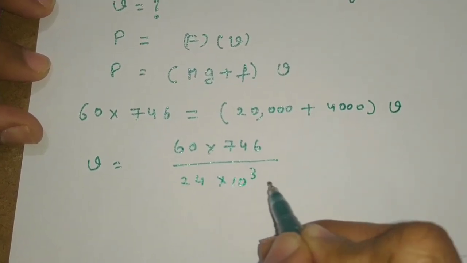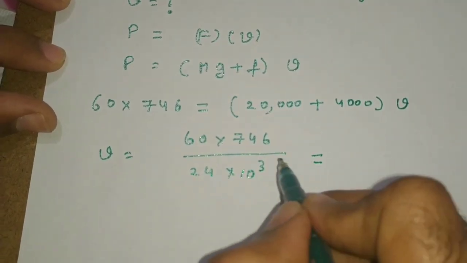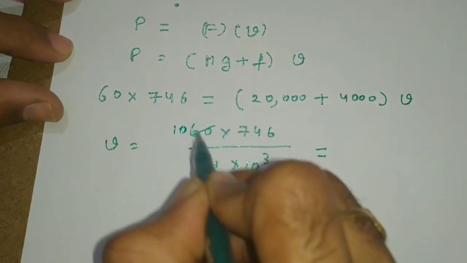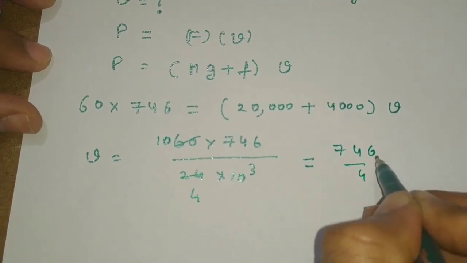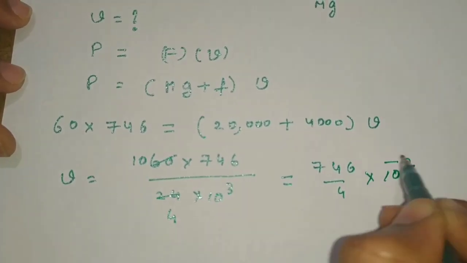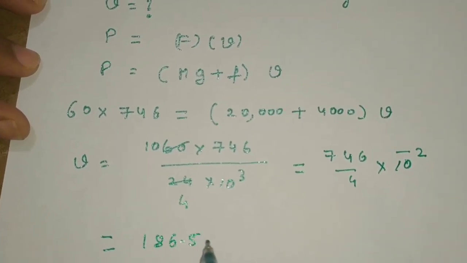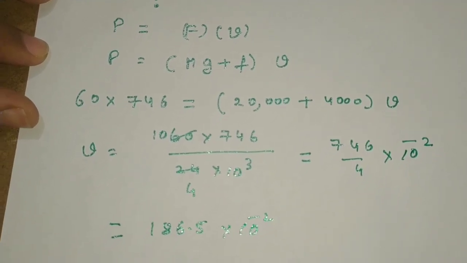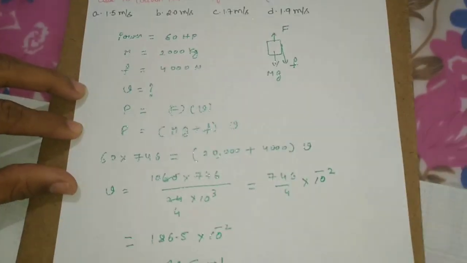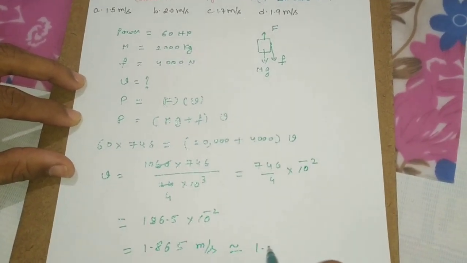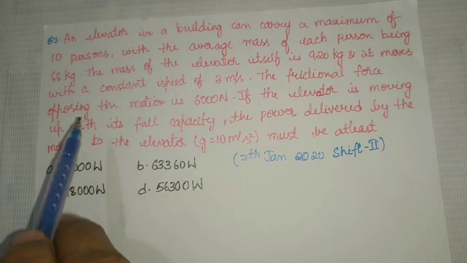By simplifying, we get 746 by 4 into 10 power minus 2 in numerator. 746 by 4 is equal to 186.5 into 10 power minus 2, that is 1.865 meters per second. It is nearly equal to 1.9 meters per second. So the answer is D.